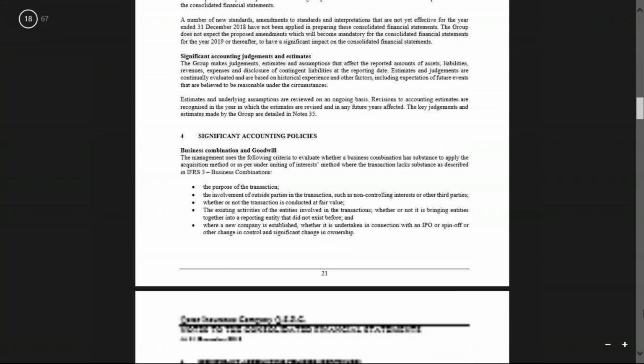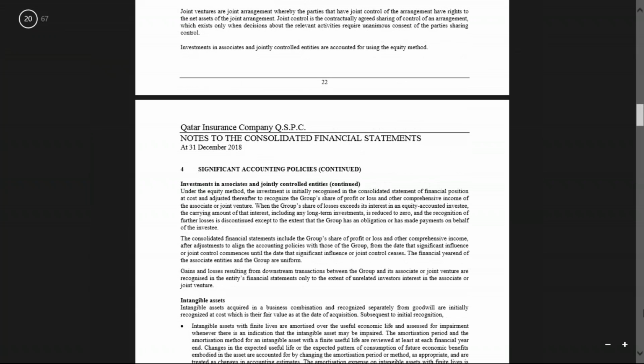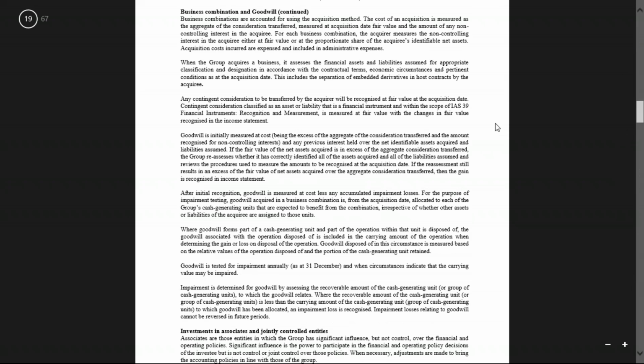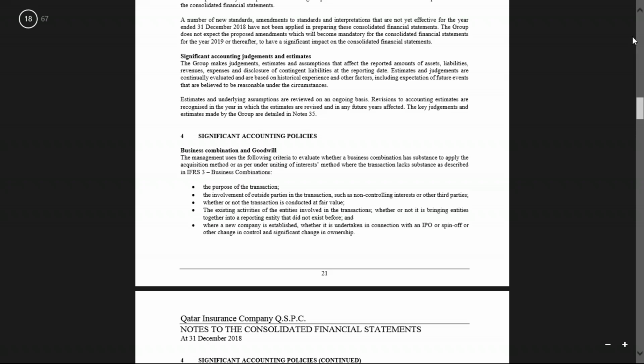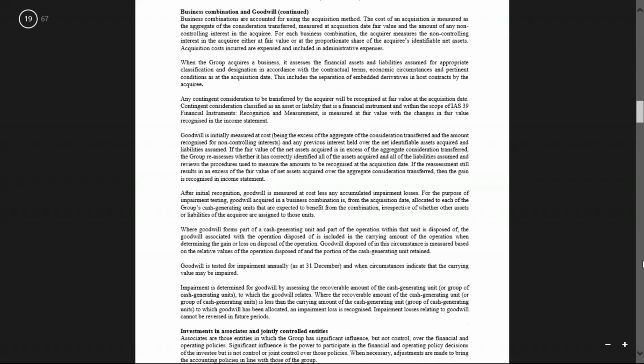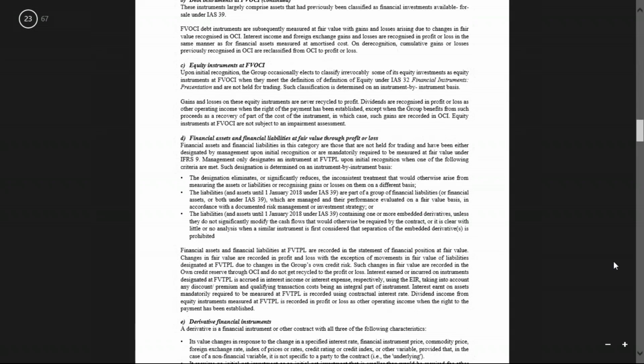So why is something coming under IFRS 9 and something is not coming under that? So you have goodwill treatment over here, which has been discussed, right? So all the standards that are applicable over here have been summarized as notes, right? So this is something that you can go through, right?